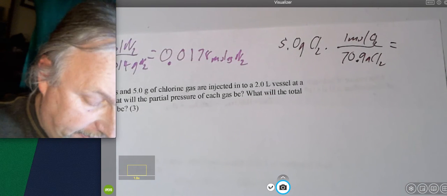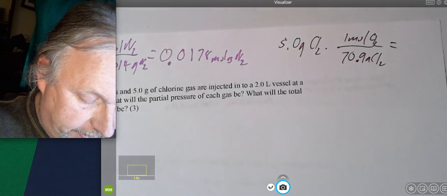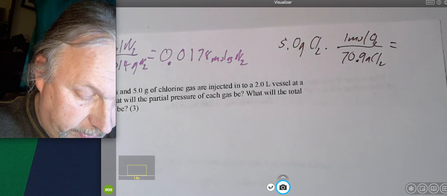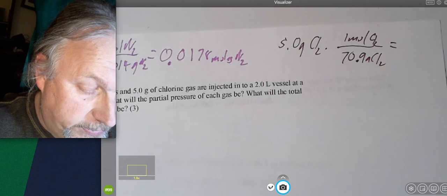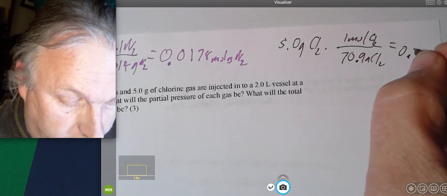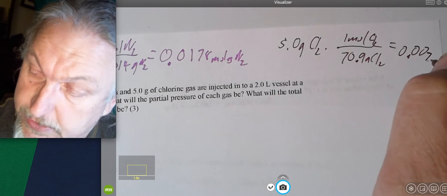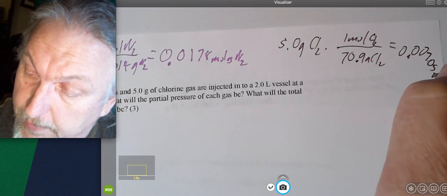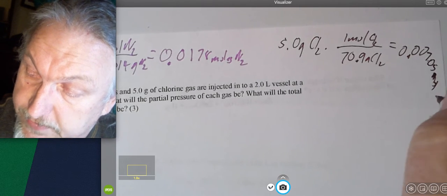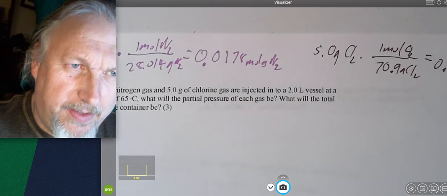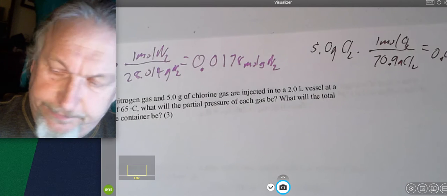So if I take 5 divided by 70.9, I'm going to get 0.0705 moles of Cl2. Yes, sometimes I have to write like that.